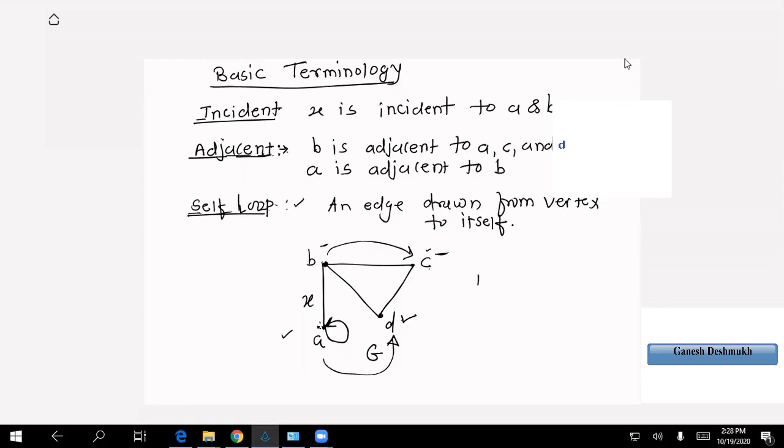Now suppose I draw a graph on 4 vertices A, B, C and D, and there are no edges. Such a graph, containing only vertices and no edges, is called a null graph or empty graph.